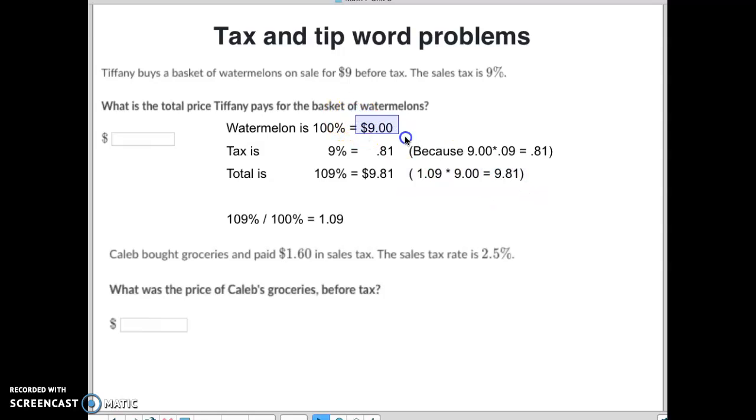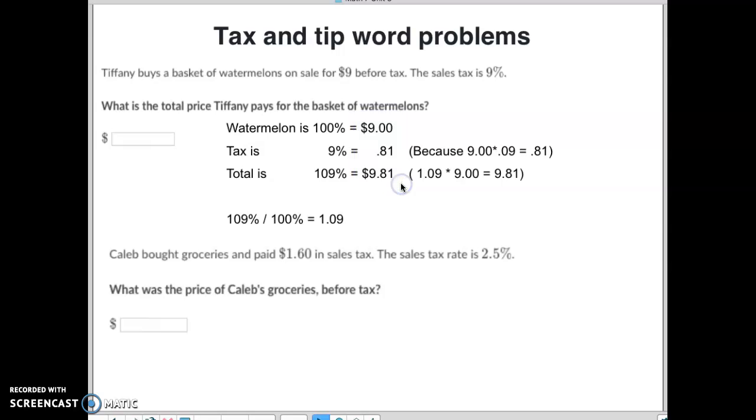It's a fast way to get from here to here, skipping this step. But why did I choose the 1.09? My total price is 109%, and my initial cost is always 100%. If we take 109 divided by 100%, it equals 1.09, which is our factor to get from here to there.